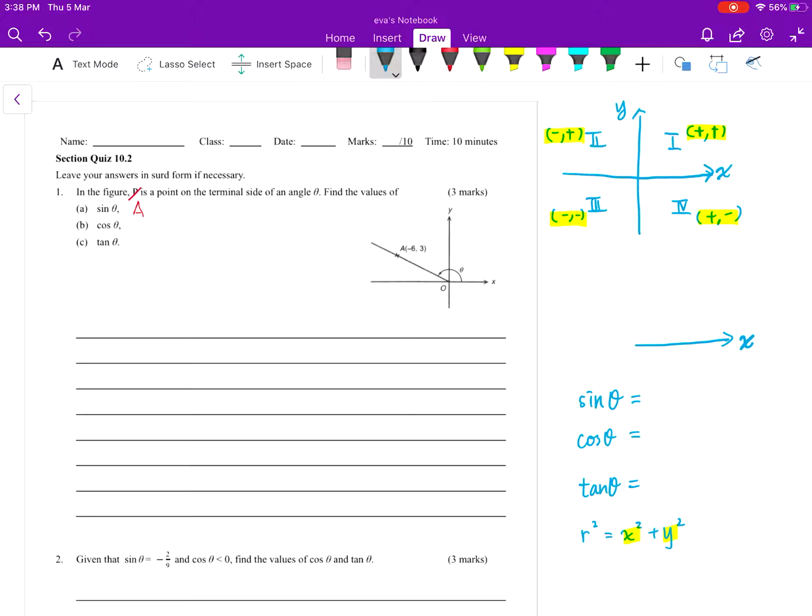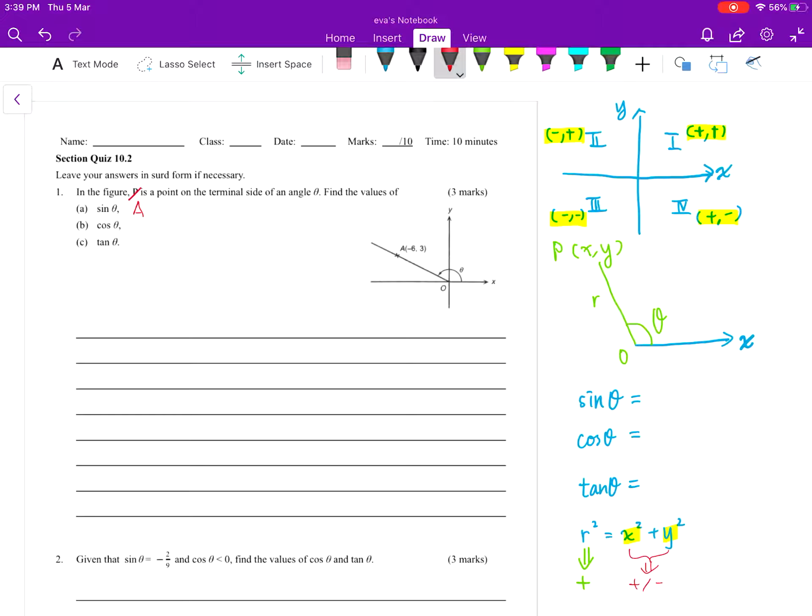For theta, we have the point with coordinates x, y. You can see P, this is O, and the length is r. Length is always positive, and x and y can be positive or negative.